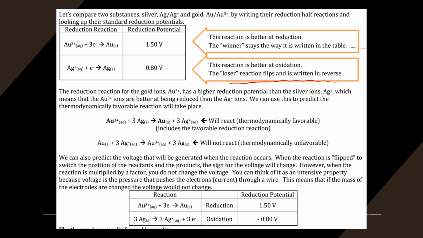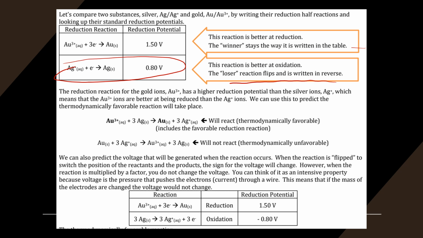So what you do now is combine them, but before you do that, you need to flip your oxidation reaction to be able to cancel out the electrons. When you do this, there is an imbalance: there's only one electron in the silver reaction, and the gold one has 3, so you need to multiply by 3 to get rid of the electrons after you flip them. So we'll go through an example together.